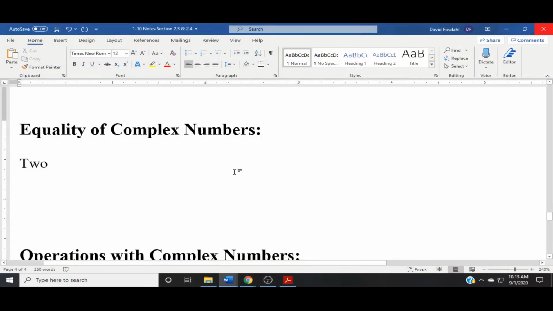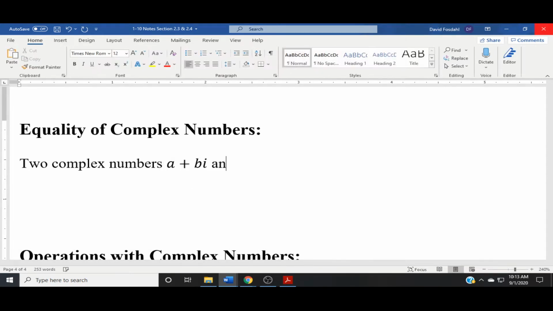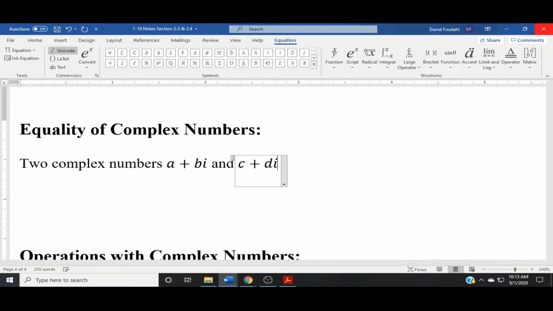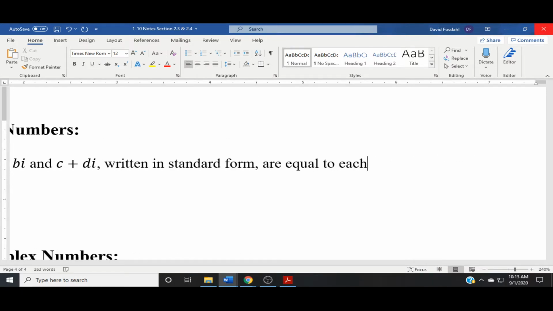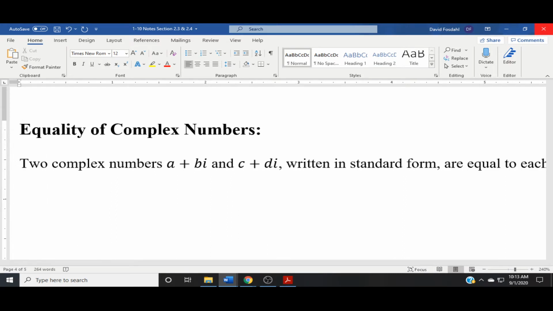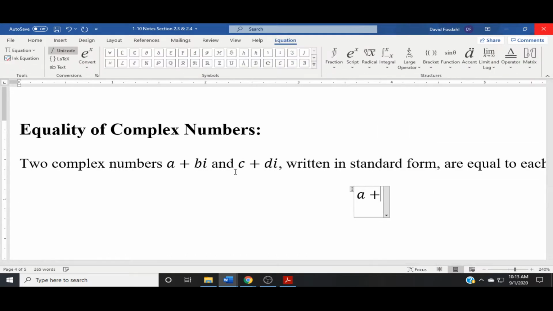Okay, two complex numbers, a plus bi and c plus di, written in standard form, are equal to each other. So that means that a plus bi equals c plus di.